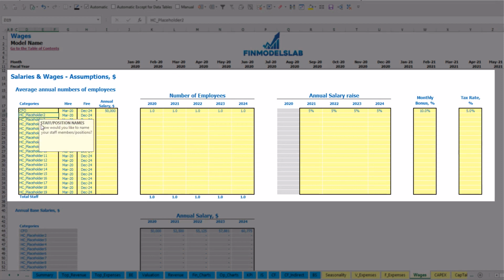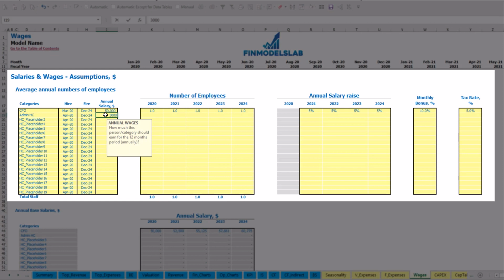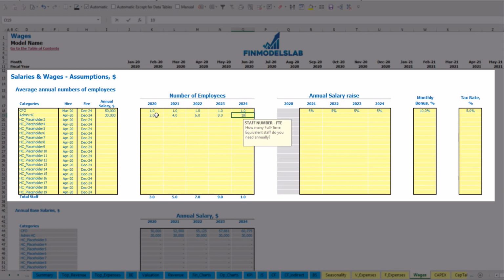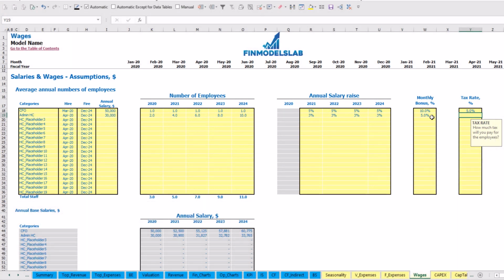Another option could be admin headcount, which will start in April, which will grow till the end of the model with annual salary of $30,000. Let it be in year number 1, 2, then 4, 6, 8, and 10 headcounts. 3% of annual salary growth, 5% of monthly bonus, and 5% of payroll tax rate.